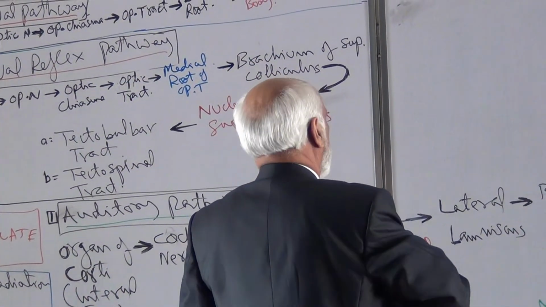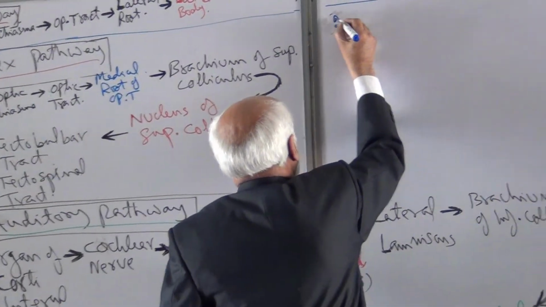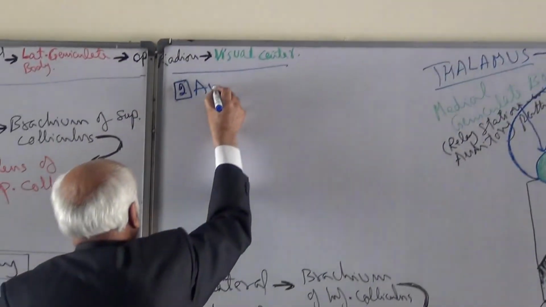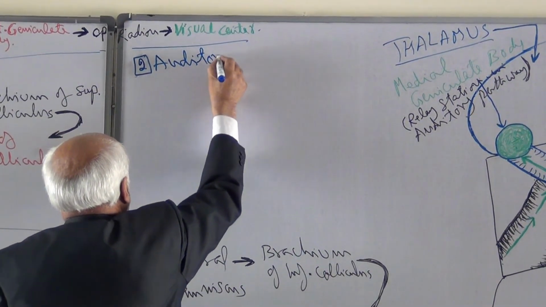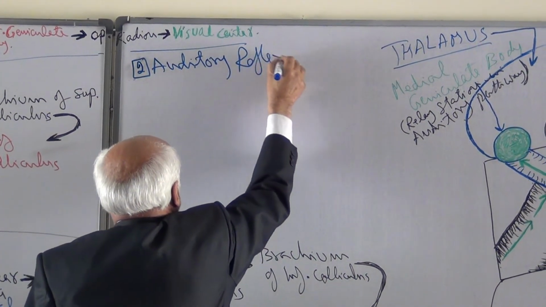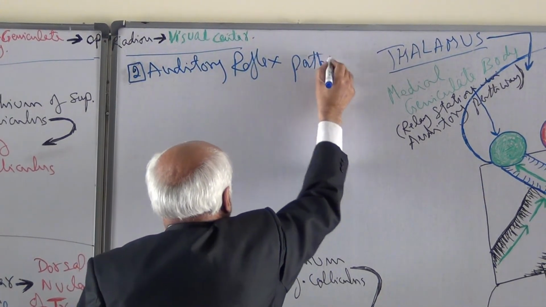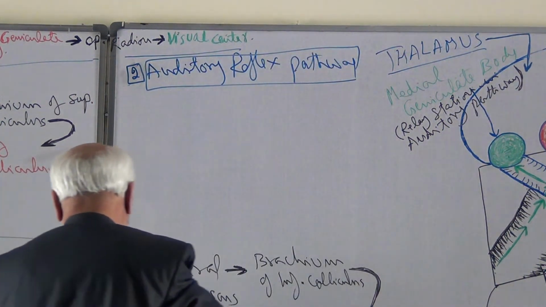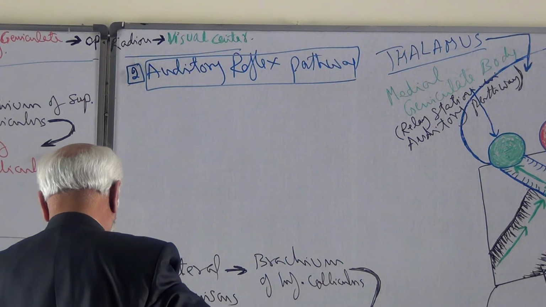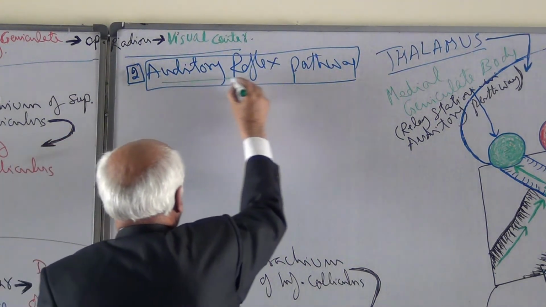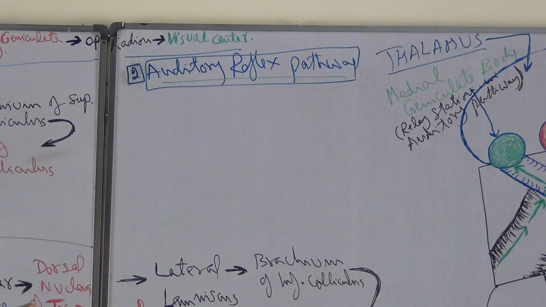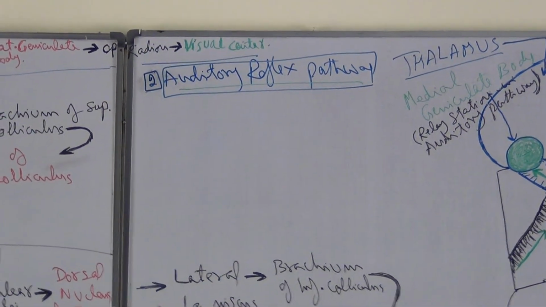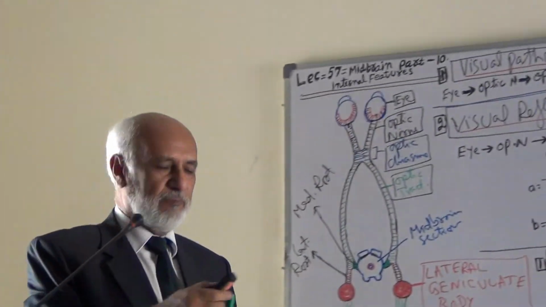So what is the auditory reflex pathway? Now, the nuclei of the inferior colliculi are in charge of our auditory reflex pathway.